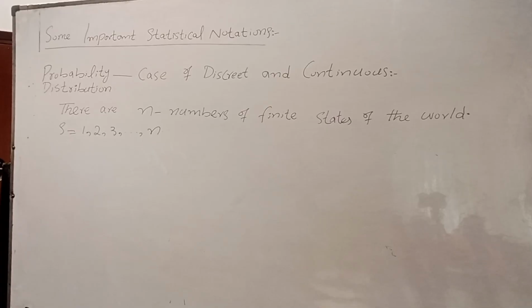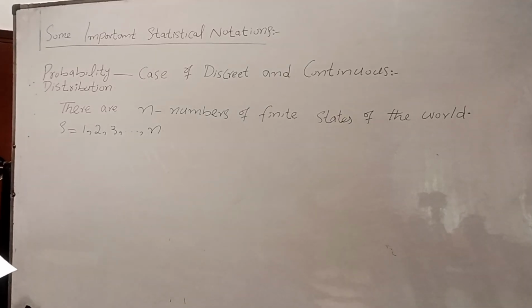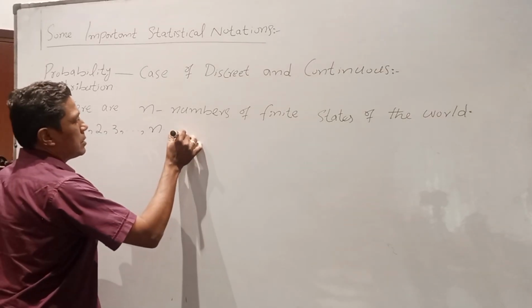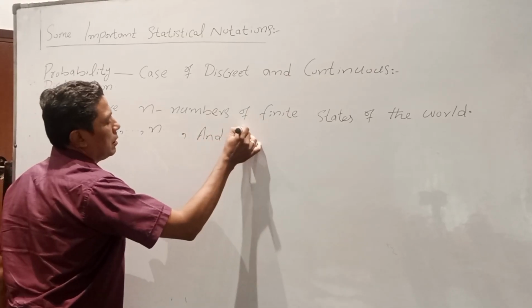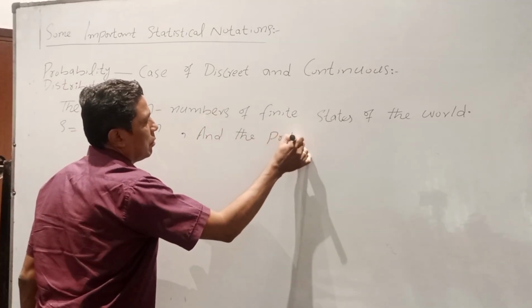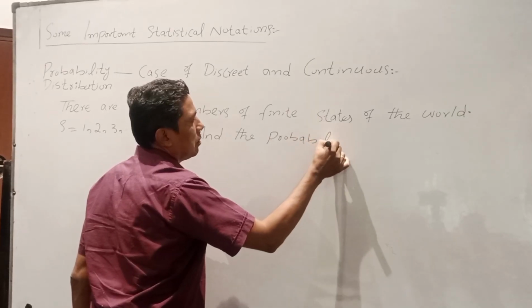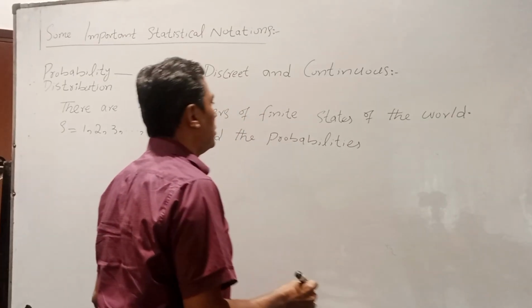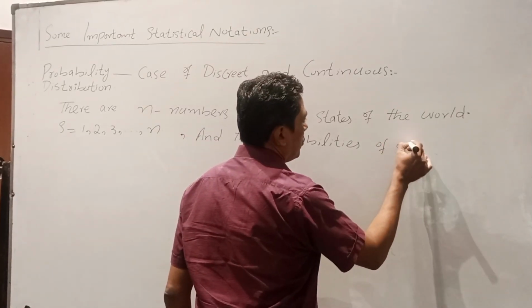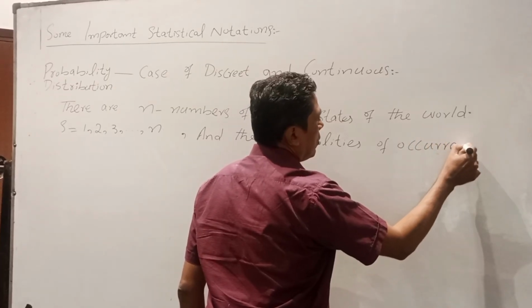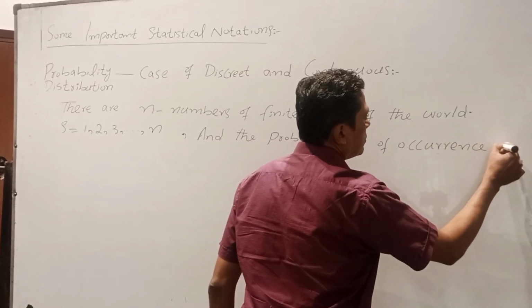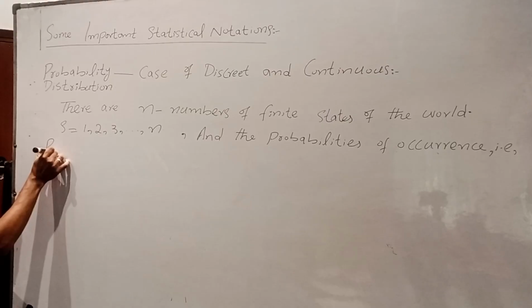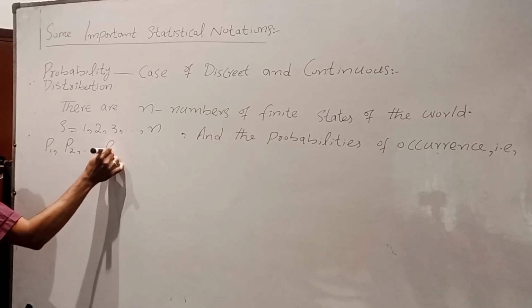Okay. Now, in that condition, the probabilities of occurrence, that is P1, P2, and Pn.